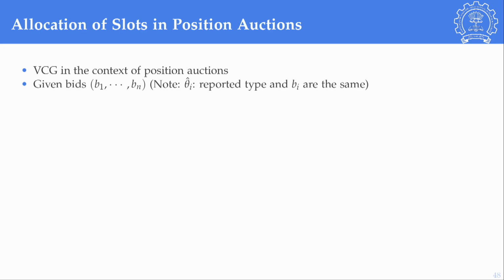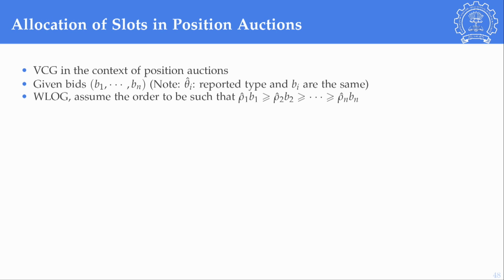So what will be the efficient allocation in this case when they have reported it? Just for simplicity, and this is without loss of generality, I am just renumbering the agents such that rho 1 b1 is at least as large as rho 2 b2. So these are the names of these agents 1 to n who have this property. So what will be the efficient allocation then?